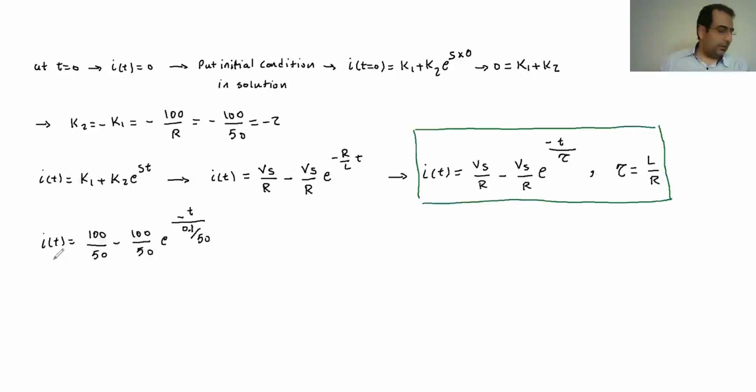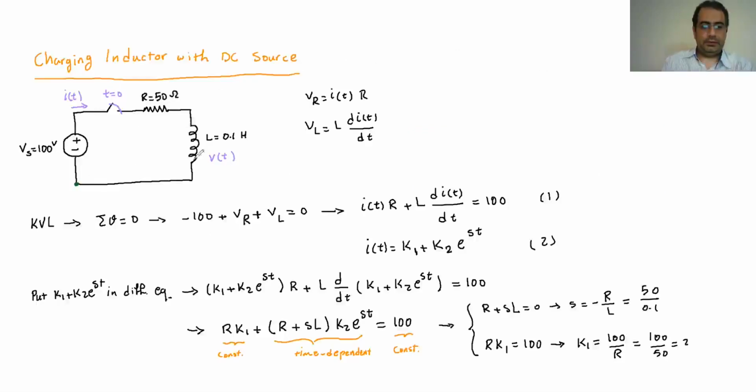So this is going to be the current, and if we want the voltage, there are two ways of calculating the voltage, if we want to see how the voltage changes in the VL in the inductance. One way is that if I go back and look here, this is just using this equation here, the KVL.